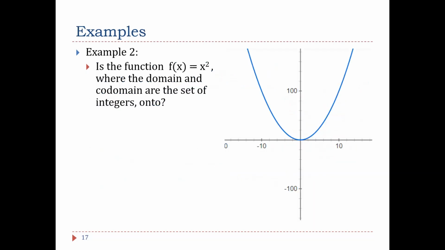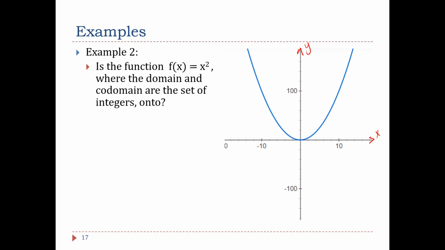Another example is the famous quadratic function f of x equal to x squared, where the domain and the codomain are the set of integers. Is it onto? You have to look at the y-axis and check if any of the elements on this axis has no pre-image.